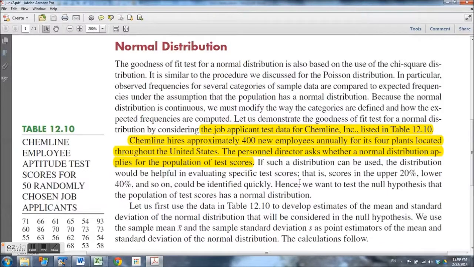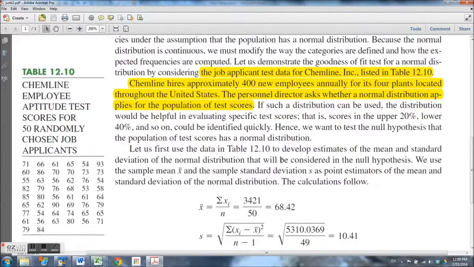Here we have a company that hires employees, and when they hire employees they give an aptitude test. The personnel director wants to know whether the test scores follow normal distribution or not, so we can then use that in hiring decisions.